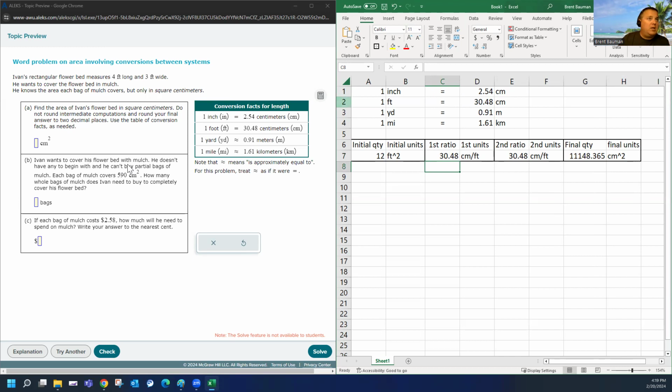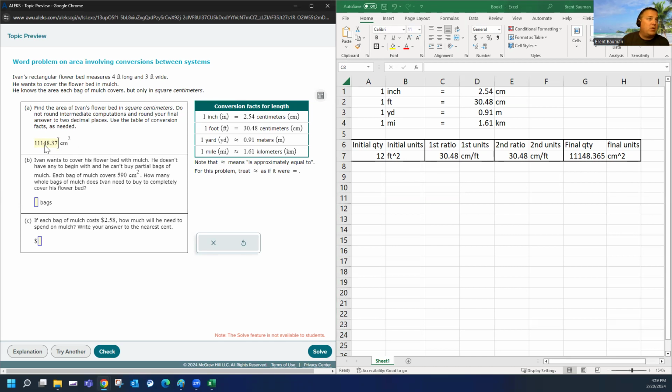Okay. And it's asking us 2 decimal places. So we have 11,148.37. We're going to round that up to a 7 since it's a 5 to the right. Okay.